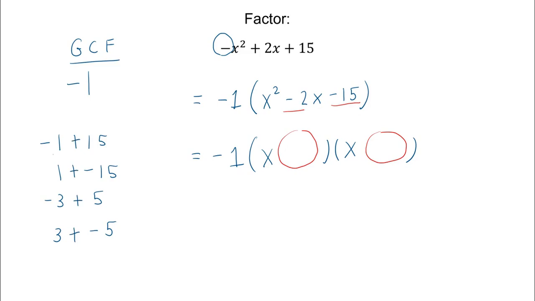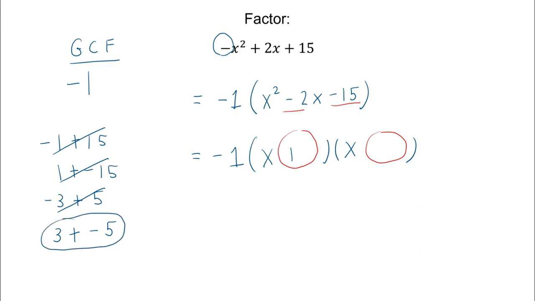Negative 1 plus 15 obviously is not going to work. 1 plus a negative 15, well, that's just 1 minus 15. That's not negative 2. Negative 3 plus 5, that's a positive 2. That's close. But 3 plus a negative 5, which is 3 minus 5, that's negative 2. That's the right combination.